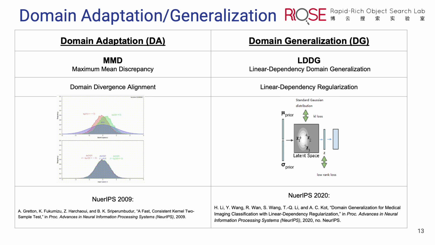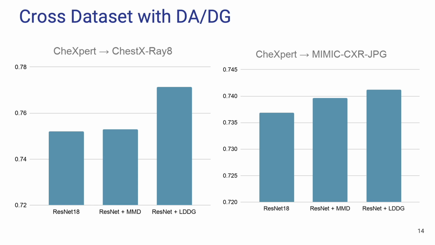In this datathon, we selected a well-known maximum mean discrepancy (MMD) method to reduce the domain diversity between source and target domains. For the domain generalization method, we integrated our LDDG approach during the training. Our LDDG was accepted at this year's Neural Information Processing Systems Conference. These are the results we obtained after adding the MMD regularization and our LDDG module.